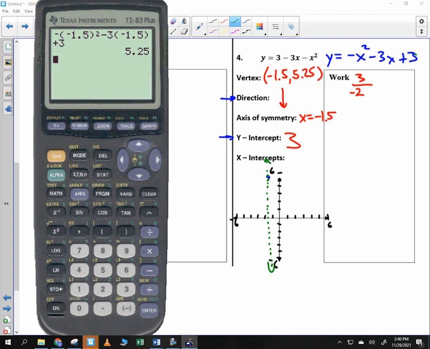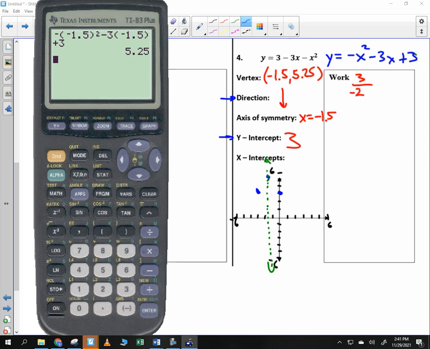What other point could I plot right now? The y-intercept, 3. What could I do at that point? Reflect it over. It's 1.5 units from the y-axis, so I just go 1.5 units the other way. There you got that point.